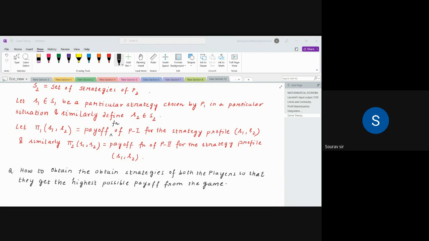Others? Yes, Anisha? Sir, can you please elaborate the capital S1 and S2 part, is it a function type? It's a set. It's not a function, it's a set. A particular player can have a range of strategies, right? Correct. For example, if I just go back to the one that we started with, the Jio versus Airtel. Suppose the strategy is to decide on whether to increase the marketing budget or whether to decrease the marketing budget.